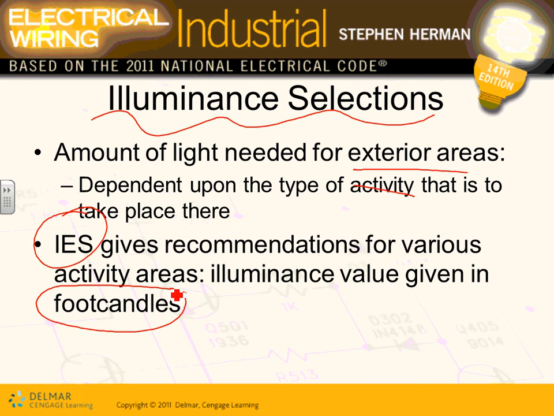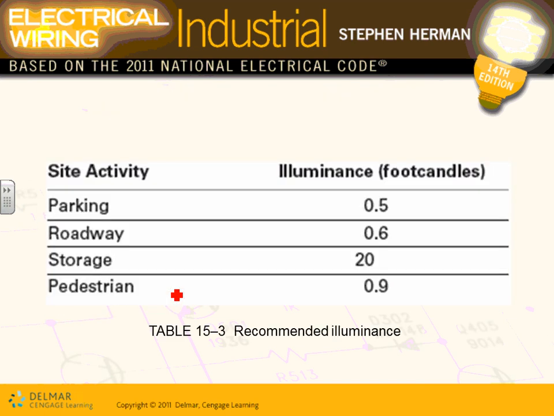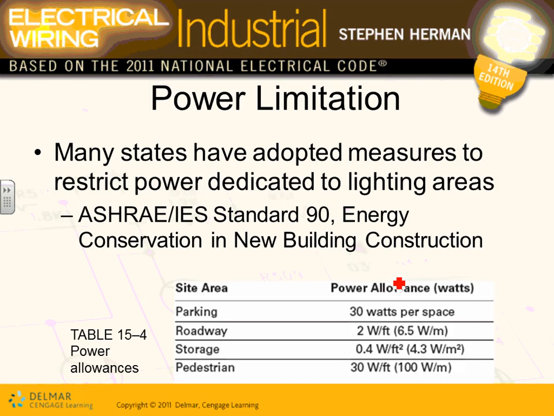I have a few here. For example, parking lot minimum, you need a minimum of 0.5, roadway 0.6. If you're doing storage, you need 20. Pedestrian, you need 0.9. These are your minimums typically for these areas, minimums you can maintain in order to see properly.